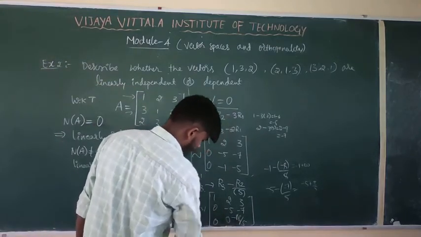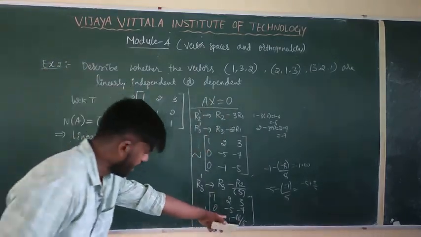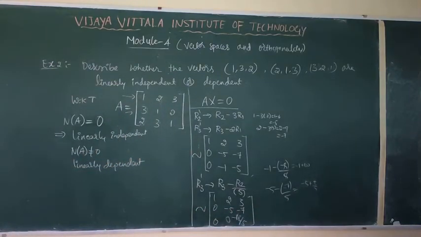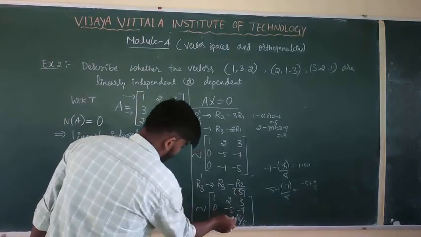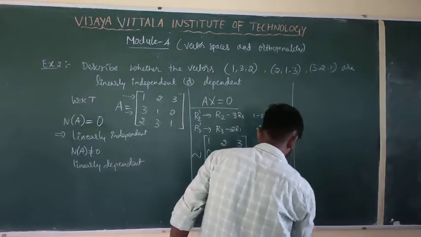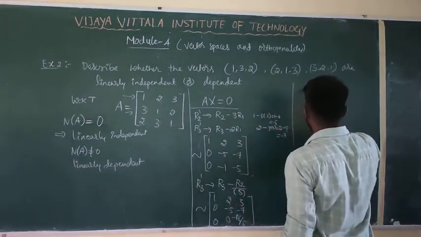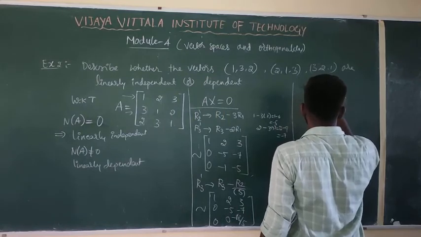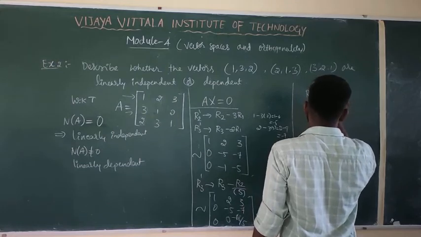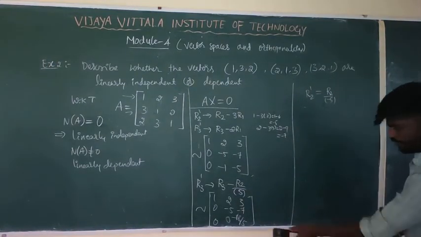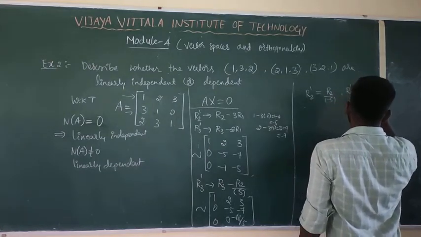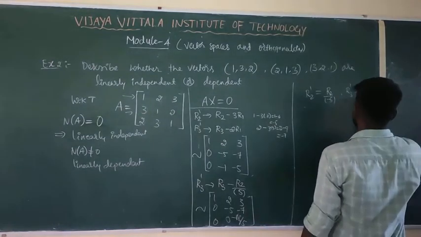To make this one a pivot element, and this one also, we use the operations R2 dash is equal to R2 by minus 5, and R3 dash is equal to R3 by minus 18 by 5.